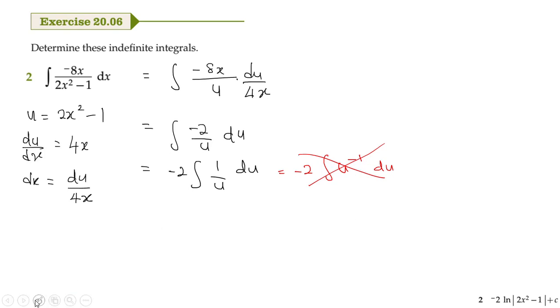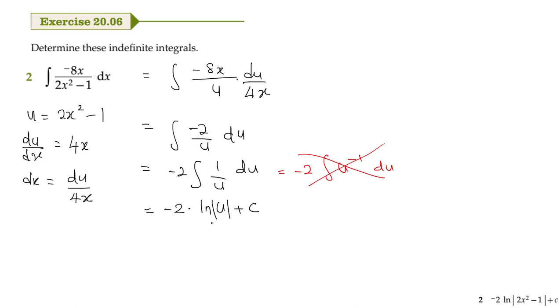So what we can do here is actually, this is a type of reciprocal. Reciprocal was explained in the previous video, which is 1 over a function where your function is power 1. So no need to bring it up. What you can do is you will get ln u plus c.